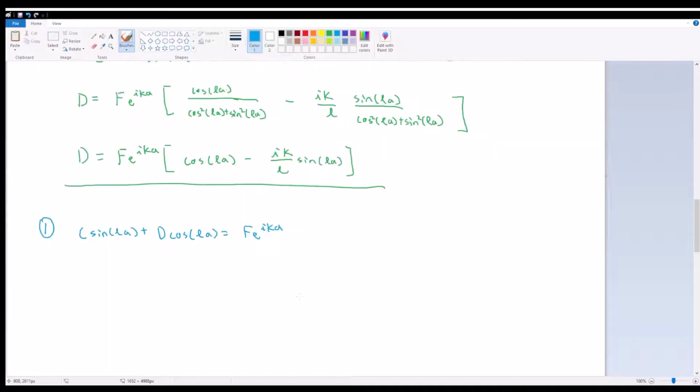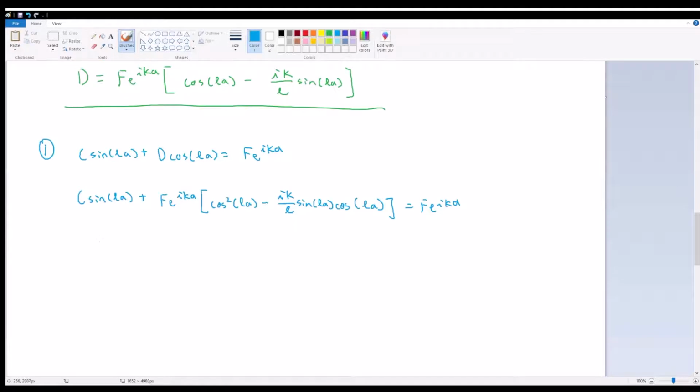So then we plug in D and we get that C times sine of LA plus F e to the IKA, and then we're multiplying cosine LA into this, so this is cosine squared LA minus IK over L sine LA cosine LA, and this is equal to F e to the IKA.